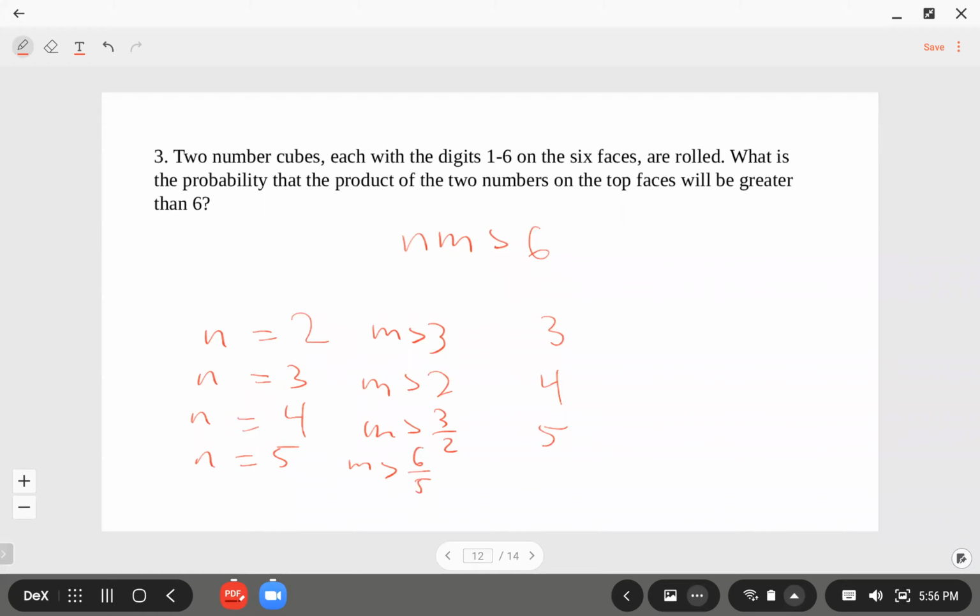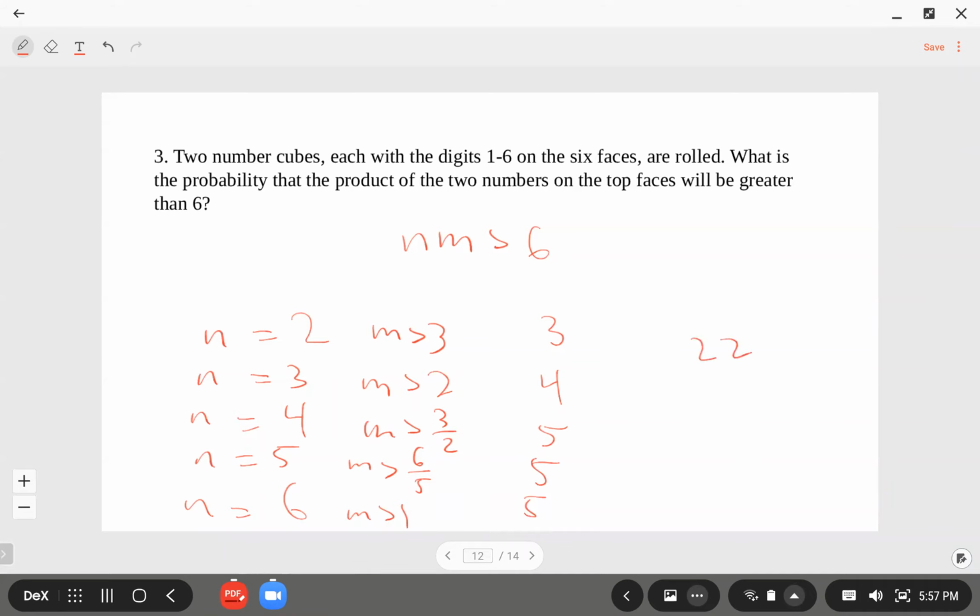Now we're getting to the fractions. There still should be 5 possibilities. It would be 2, 3, 4, 5, and 6. Now n equals 6. M has to be greater than 1. How many possibilities? Still 5. Add them all together. 15 plus 4, 19 plus 3 would be 22.